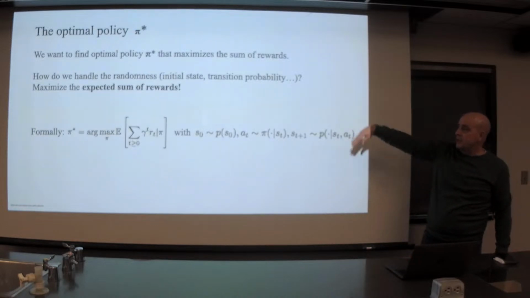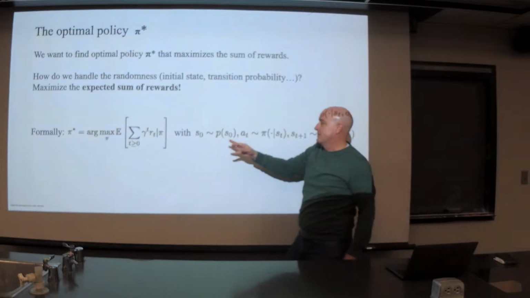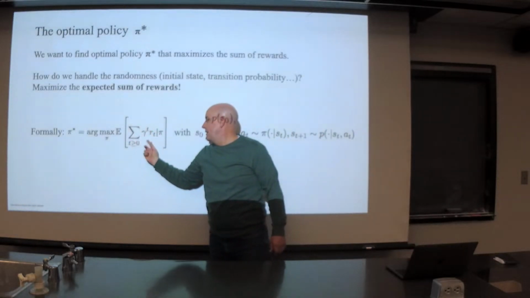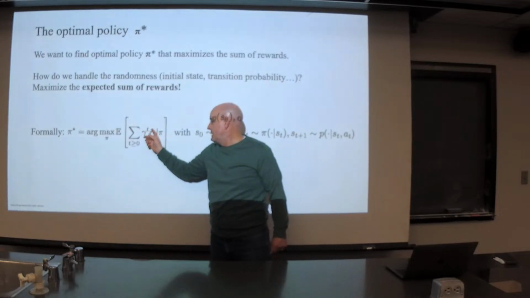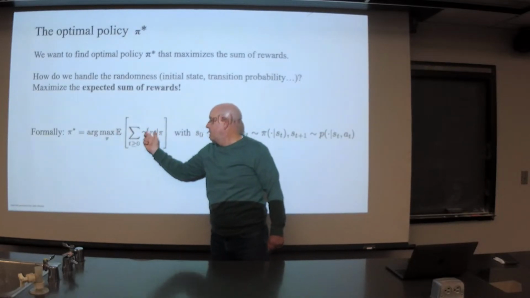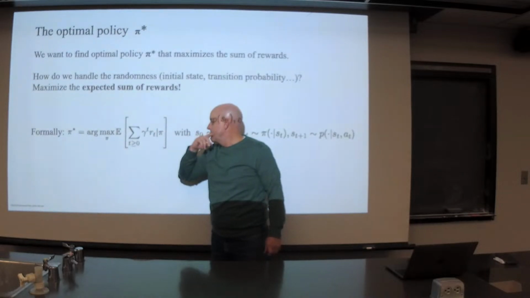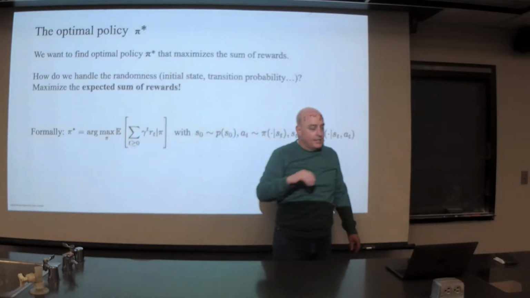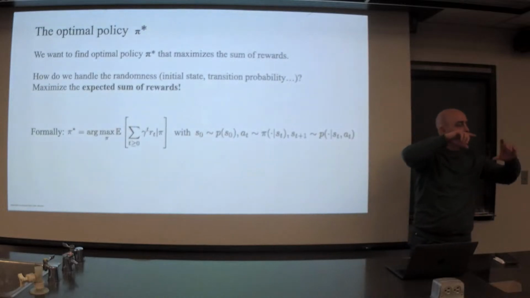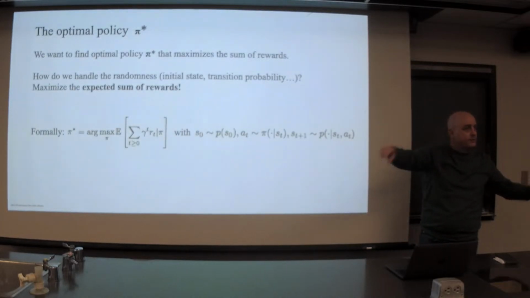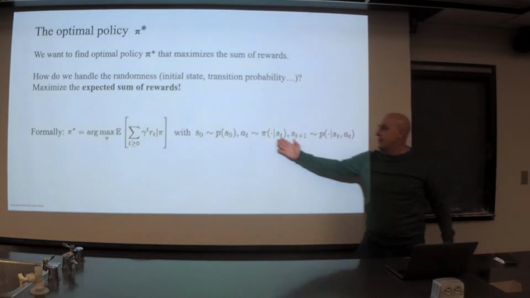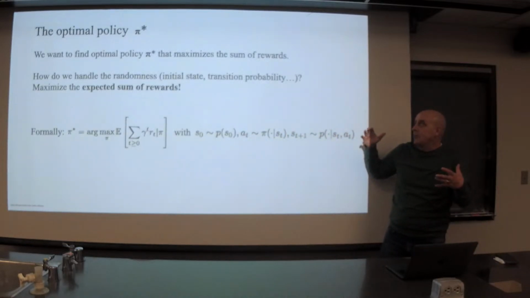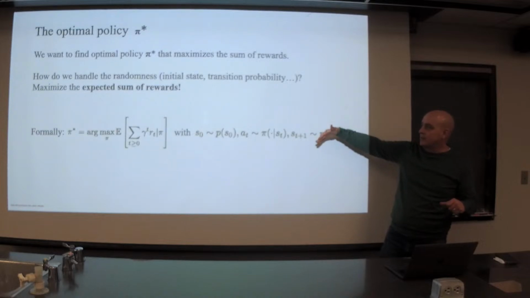Because we have probability distributions, we can't just maximize the reward, because it's going to be stochastic, meaning the sequence of rewards could be different given the same policy. So instead we maximize the expectation of that cumulative discounted sum, that series.